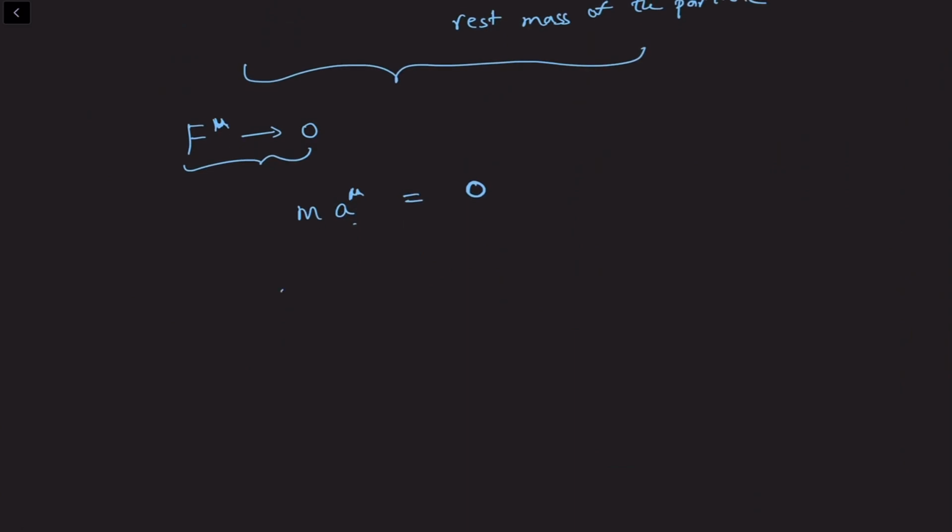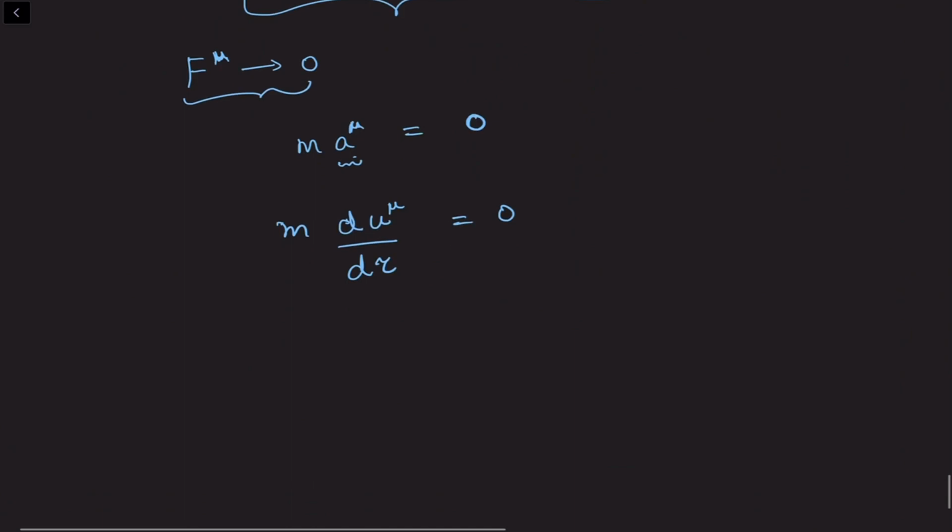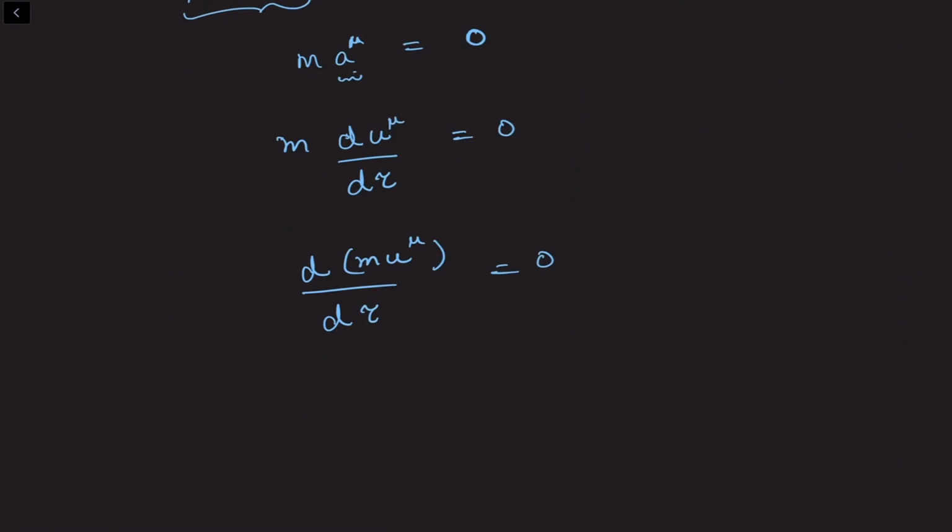Now we can recall what the definition of four-acceleration is. The four-acceleration is the derivative of the four-velocity with respect to the proper time of the particle. Which we can write in a slightly different way, like this. And this quantity, we can think of it as mass times four-velocity.